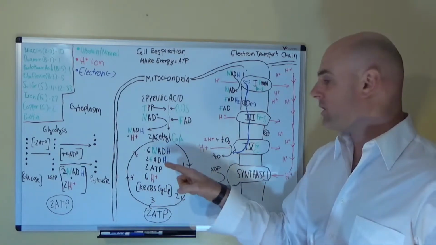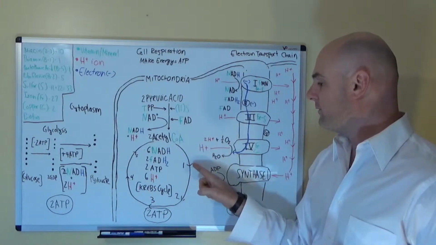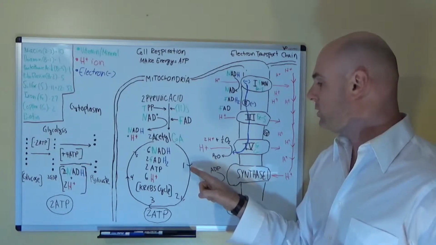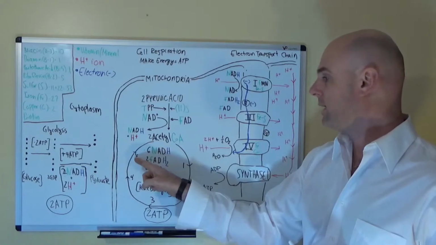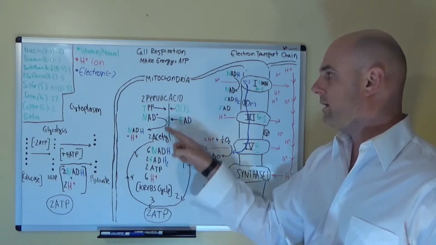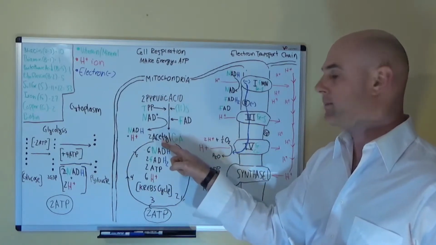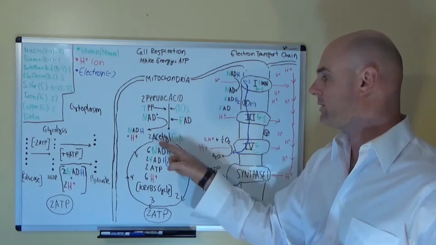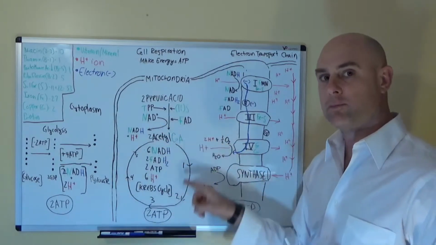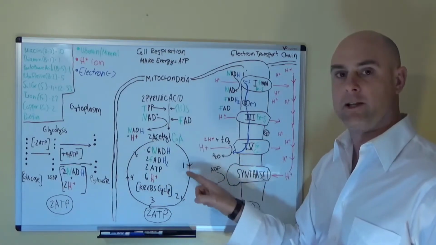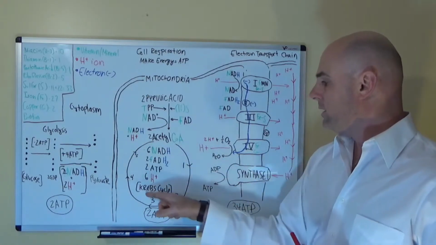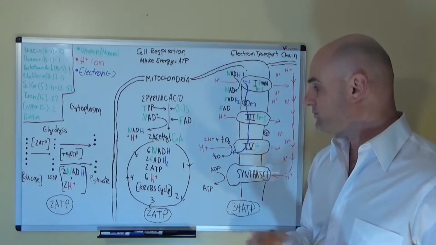Now the Krebs cycle is called the Krebs cycle because the first molecule in the cycle is made from the last molecule in the cycle with the chemical from pyruvic acid. So it's a cyclical process. The end product helps make the beginning product again. And it's called the Krebs cycle.